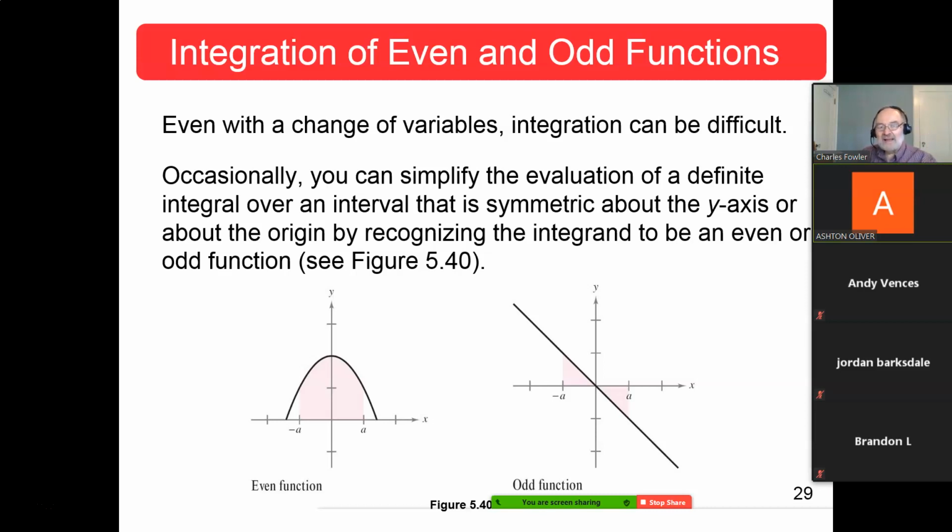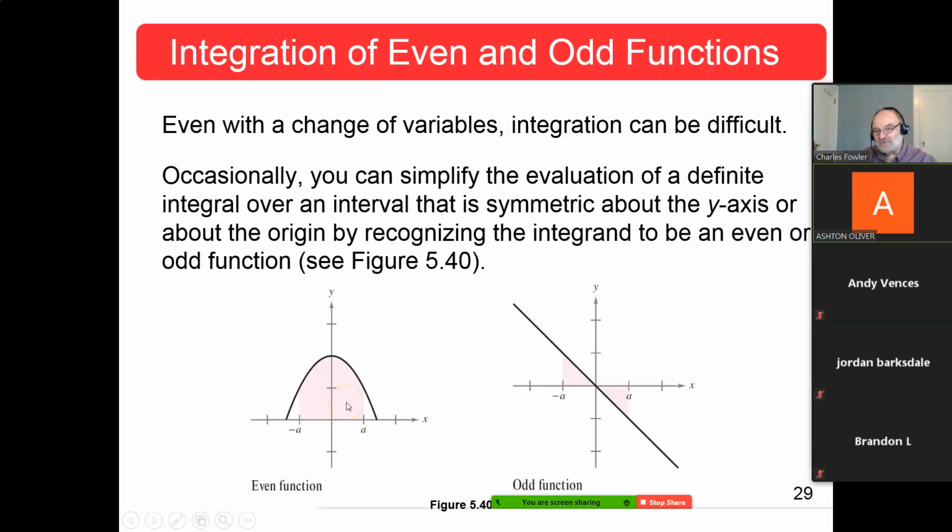Okay? Now, here is what an even function looks like. Whatever is happening on one side of the y-axis, the same thing's happening on the other side. So if you're doing the integral from negative a to a, guess what? It's just exactly twice the integral from 0 to a. That's what their point is.